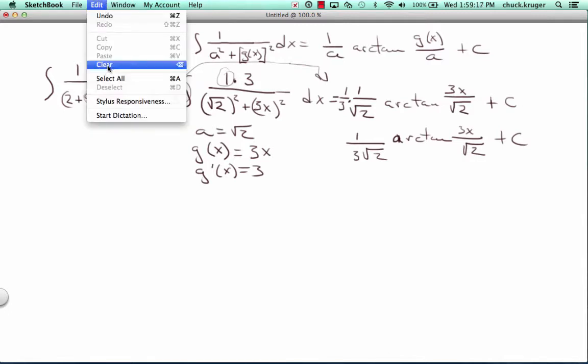All right, let's look at the next one. On the next one, I have this one, which is a little bit more funky. I have x out here in the front, and I have the square root of 4x squared minus 9 dx.